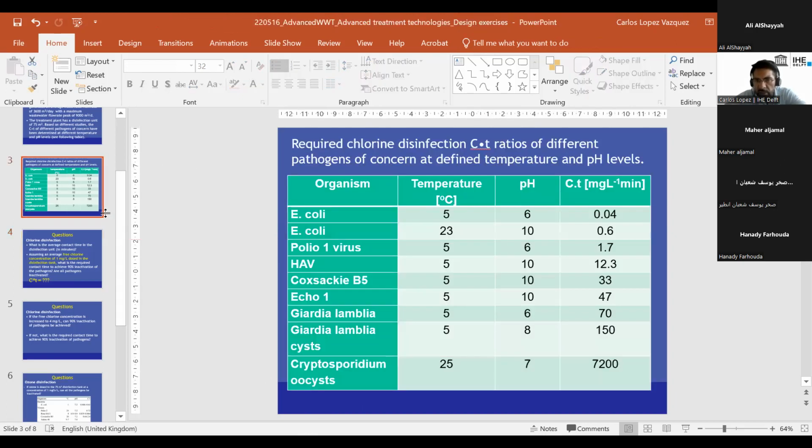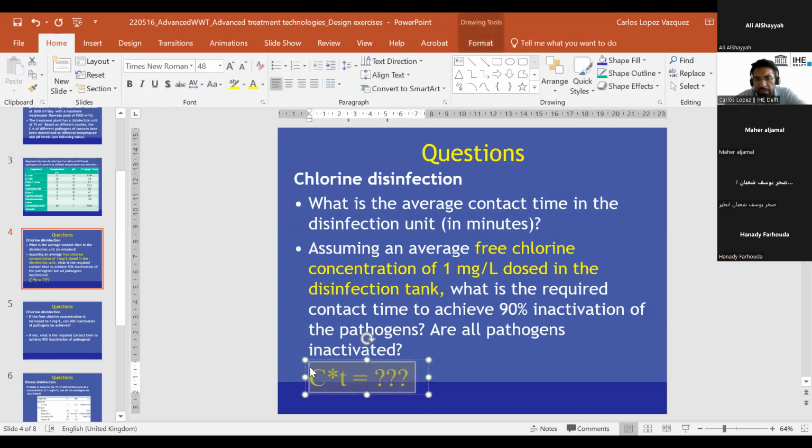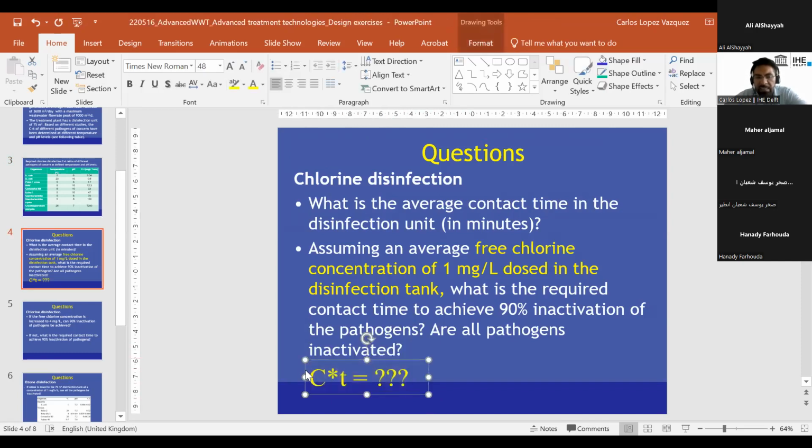These are the concentrations that we need to get the microorganisms inactivated. Now, this is what we need. This is what is going to kill them. This here is the concentration, the CT, that the disinfection tank can achieve.